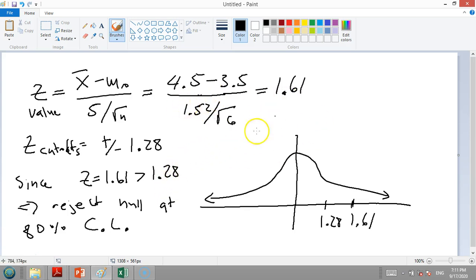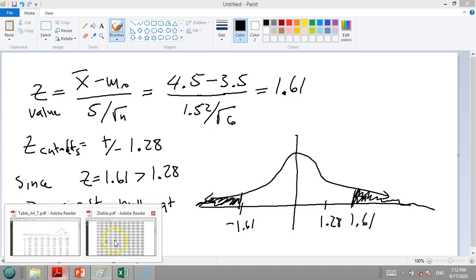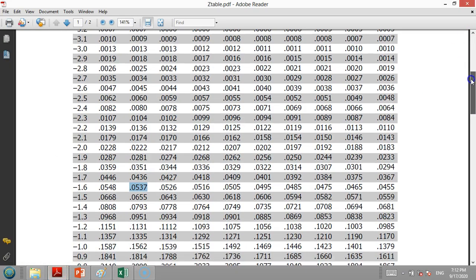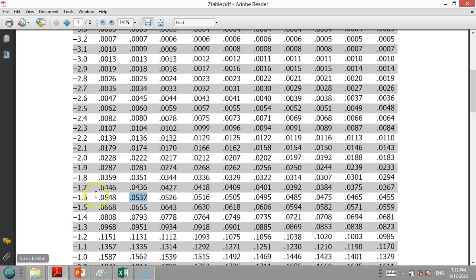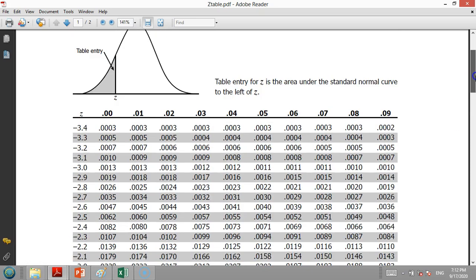You can also do it with a p-value. So what is the p-value of me getting something? The probability of me getting something more extreme and me getting something less extreme than negative 1.61. What is the area? The black areas here. This plus this. So you just come here and you look at negative. This is another one of the z tables I'm going to post.